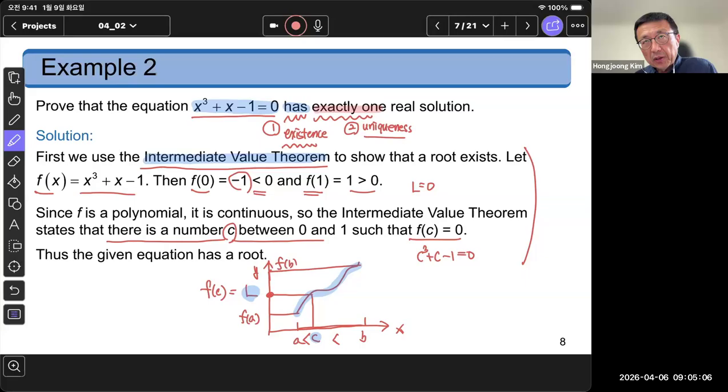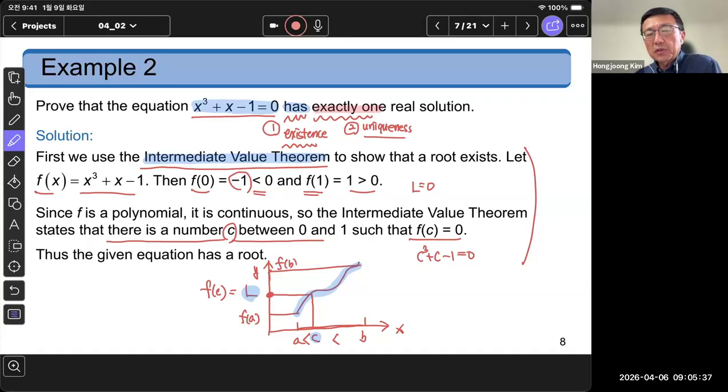Now, the second part, the "exactly one" part, for the uniqueness, people usually assume that there are two solutions and then derive a contradiction, showing that the assumption of having two solutions causes a problem, so the solution will be unique.